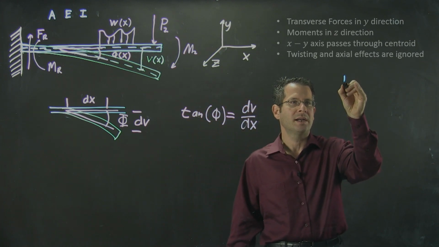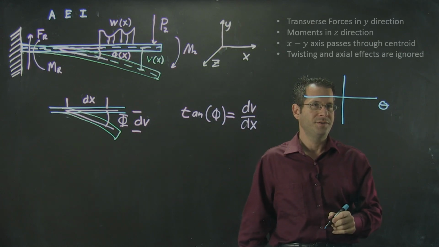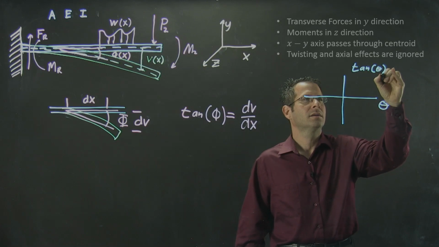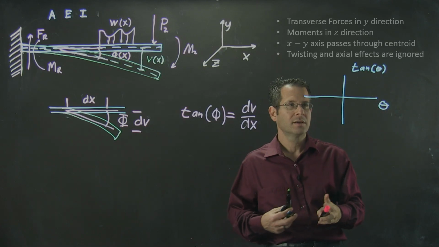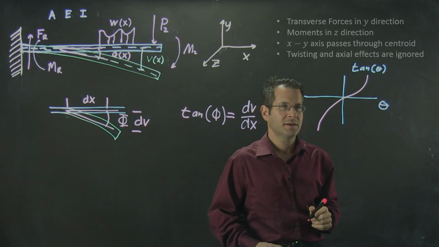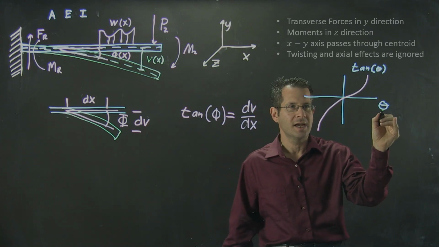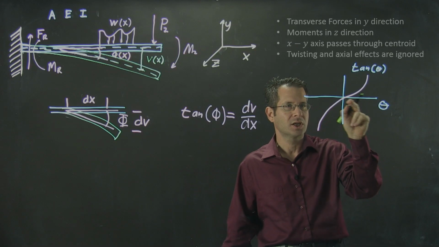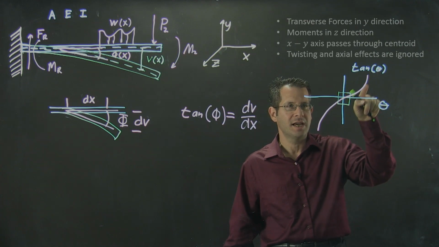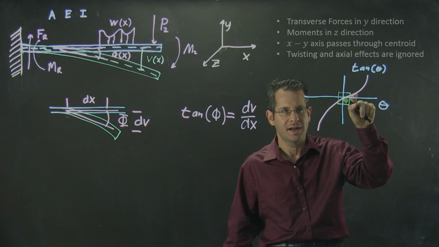If I plot a tangent function for any angle, phi or theta, remember that my tangent function looks something like that, where in the small area near the origin where theta or phi is close to 0, my value for tangent theta is almost the same as my value for theta, because that's almost a 45-degree angle straight line.